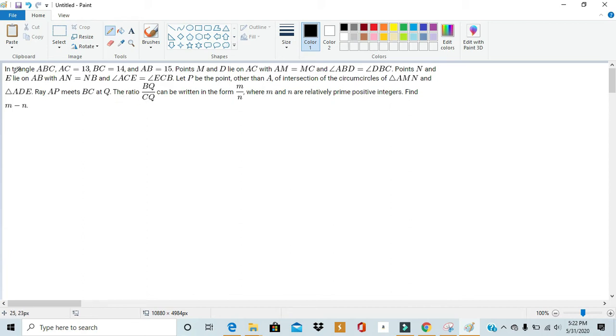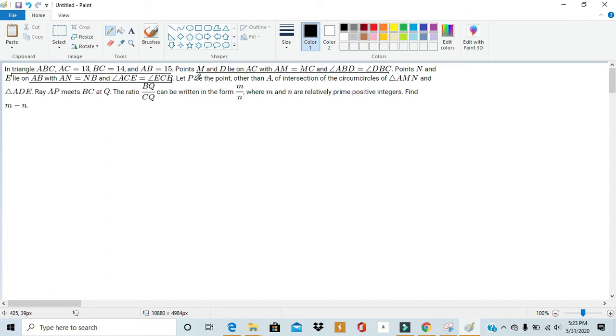In triangle ABC, AC equals 13, BC equals 14, and AB equals 15. Points M and D lie on AC with AM equal to MC and angle ABD equals angle DBC. Points N and E lie on AB with AN equals NB and angle ACE equals angle ECB.